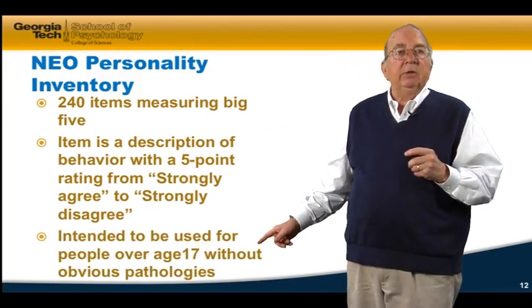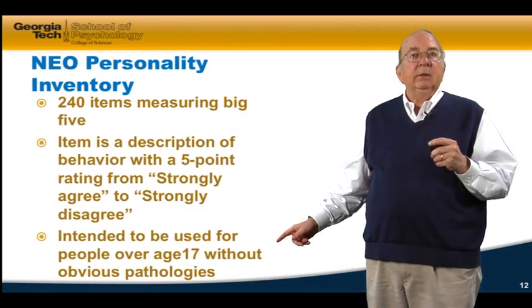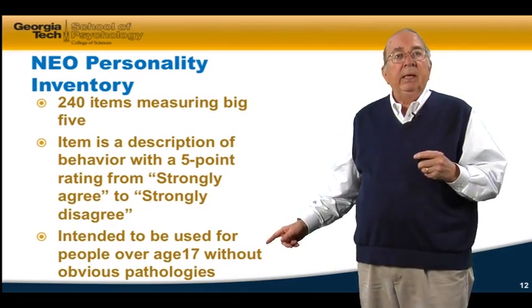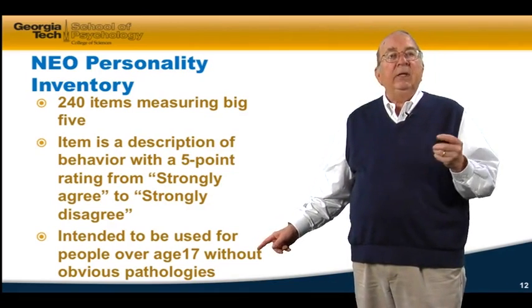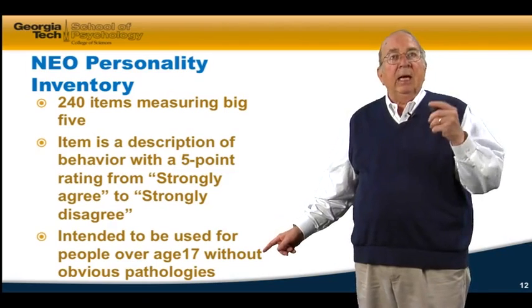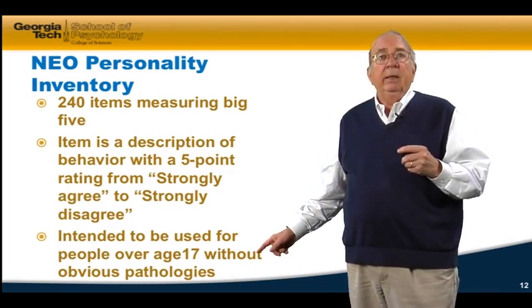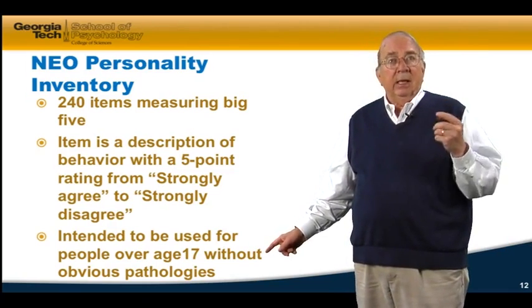And it's intended to be used for people over age 17. It's not one designed for children, even though they've administered it to children, and you'll see that in a minute. And people without obvious pathologies, because remember, it's not like the MMPI. Here we want to look at normal personality and personality that's explicit, conscious.